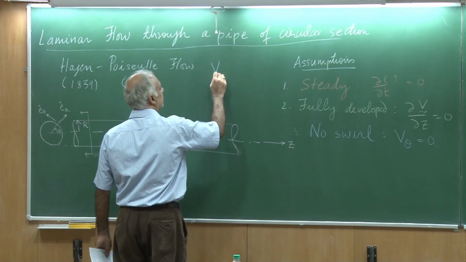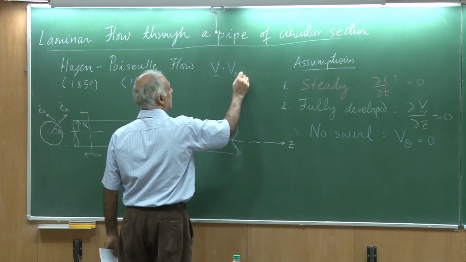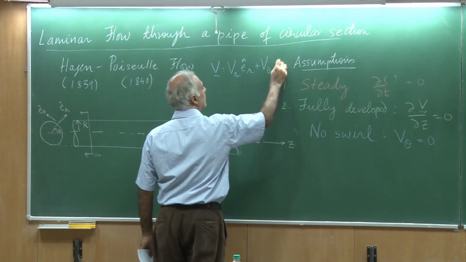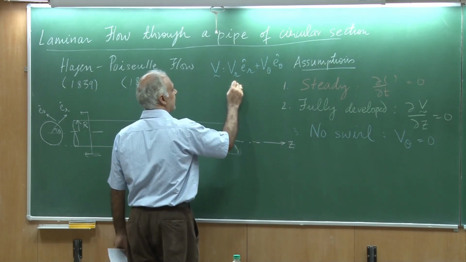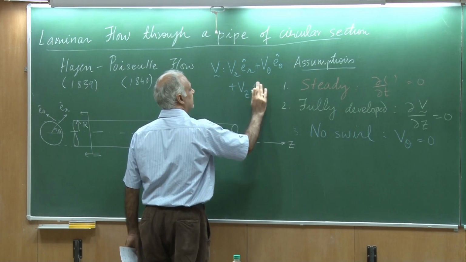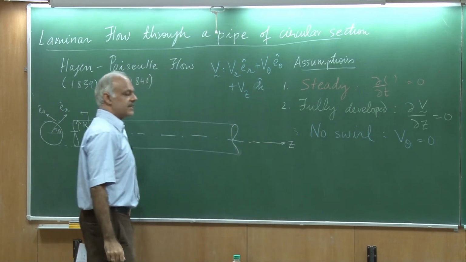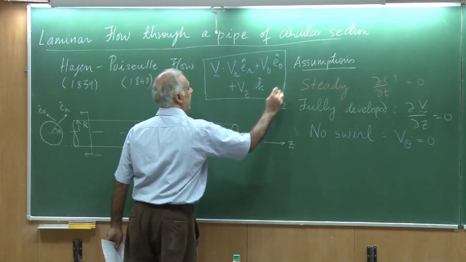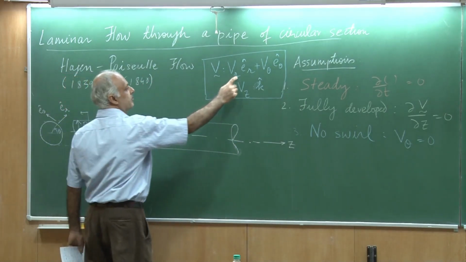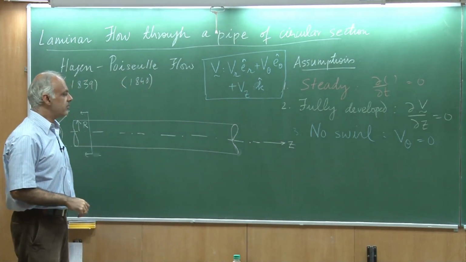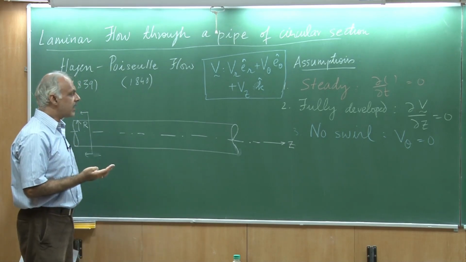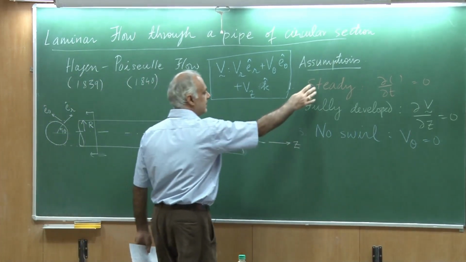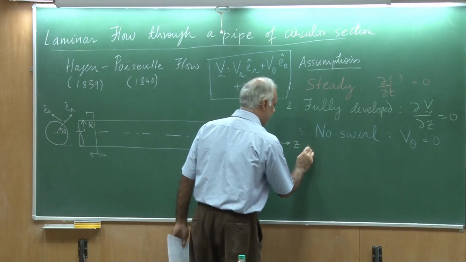Let me mention here that the velocity field we are writing as Vr, the component in the radial direction, plus v theta in the theta direction and a Vz in the z direction, which I can call simply the k direction. Okay, so that's my velocity. And in general, all these components are functions of z, r and theta, and of course time. But we are going to make these assumptions over here and then simplify our analysis.